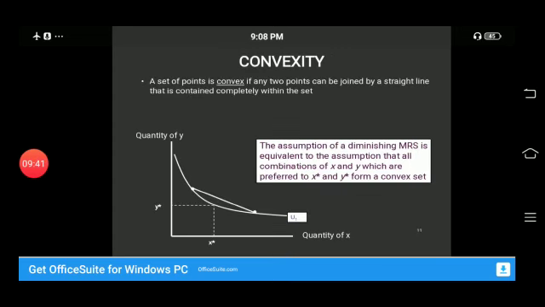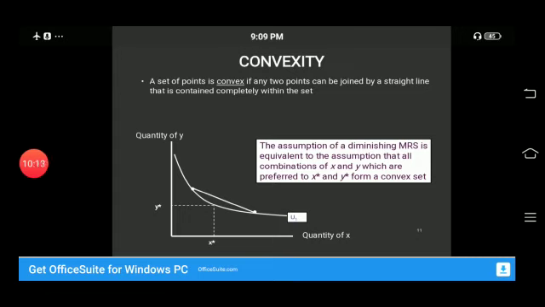The second property is convexity. What is convexity? It says that a set of points is convex if any 2 points can be joined by a straight line that is contained completely within the set. Look, we have joined 2 points of the indifference curve by a straight line. Now every point of the indifference curve between these points is below this line, right?